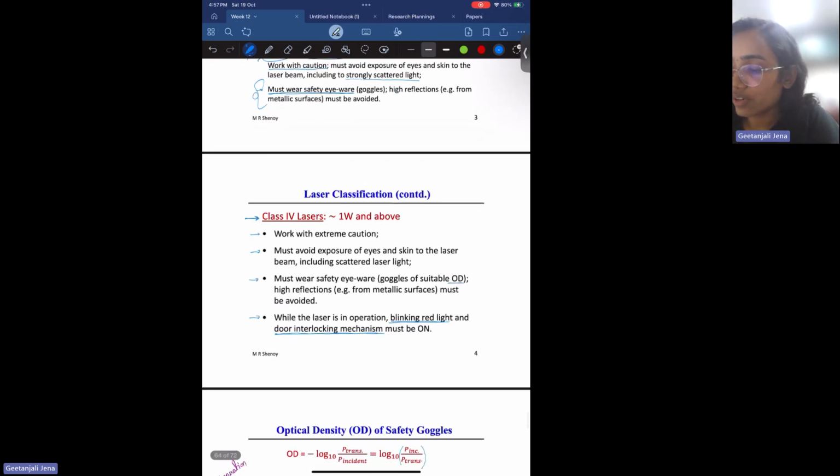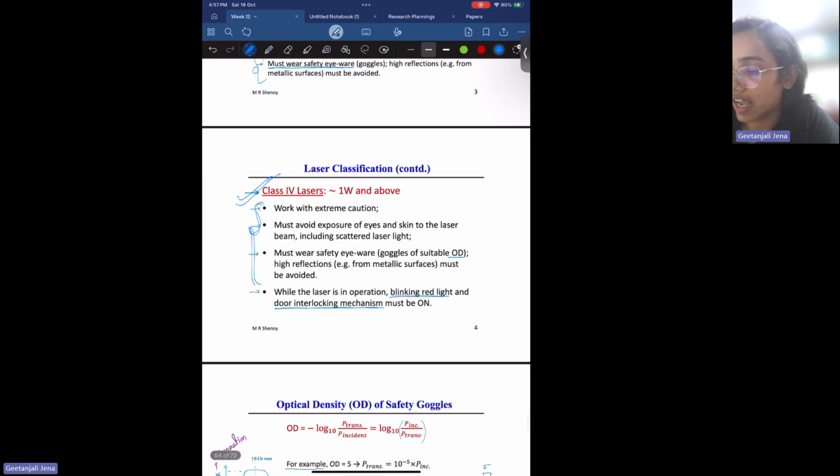Class 4 laser is high power, in the order of 1 watt, or it can be higher than this value. This is typically used with extra caution because it is high power.